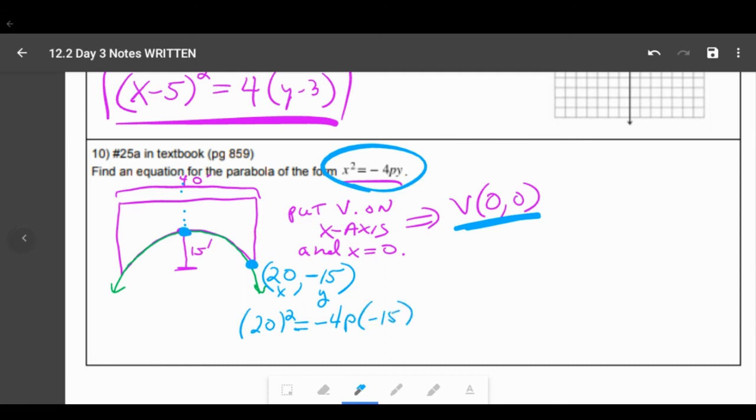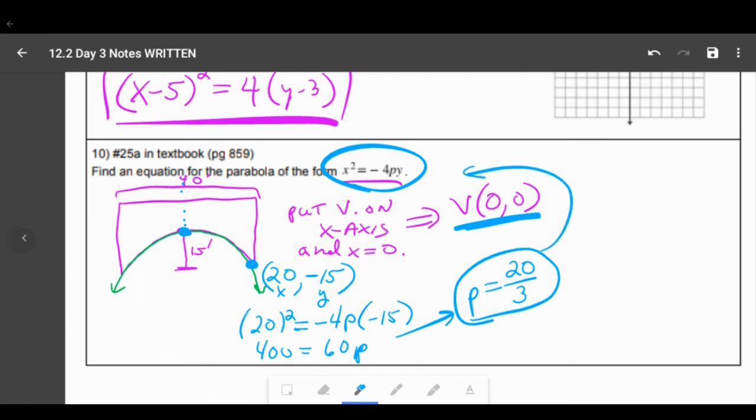And the reason I'm plugging it in is I got to figure out what the p-value is, right? So I'm going to plug these numbers in here in order to solve. So 400 equals 60p. So if I go through and solve, do some careful dividing, I get p is going to be equal to 20/3. So now that I know that p equals 20/3, right? Careful with your negatives and everything. I'm just going to plug that back in.